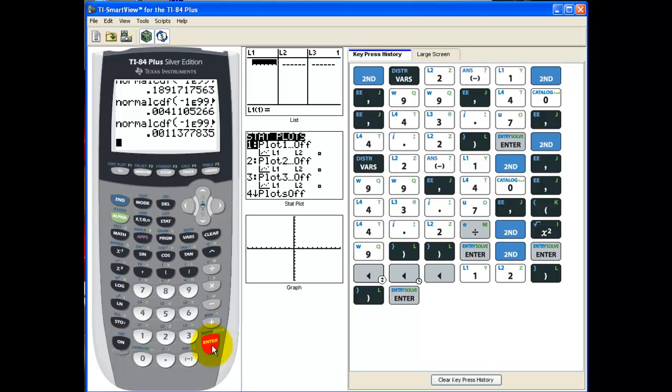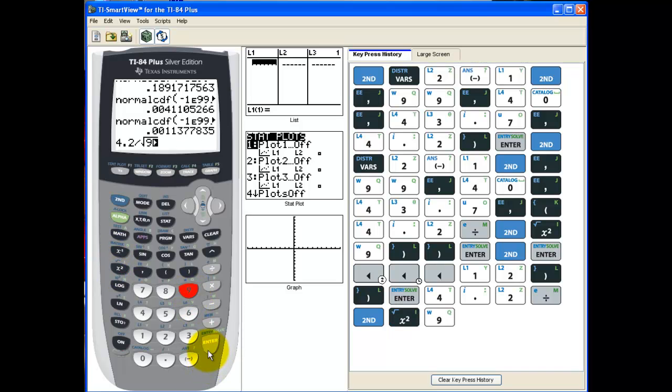And again, the reason for that is because the standard deviation changes when the sample size changes. So when your sample size is 9, your standard deviation is 4.2 divided by root 9, which is 1.4.